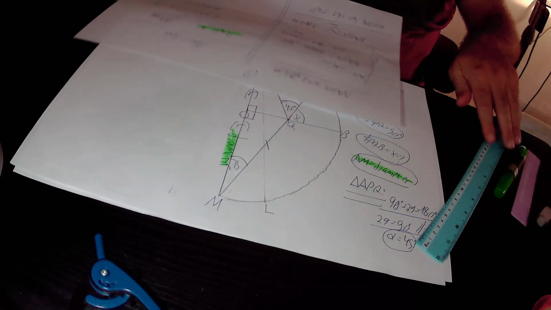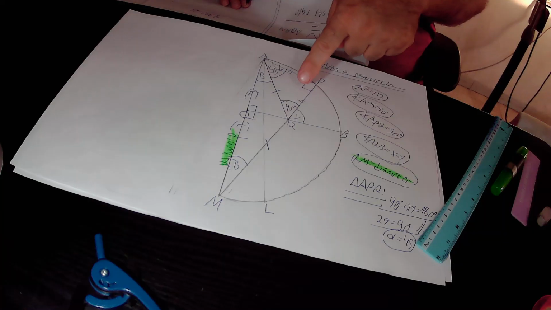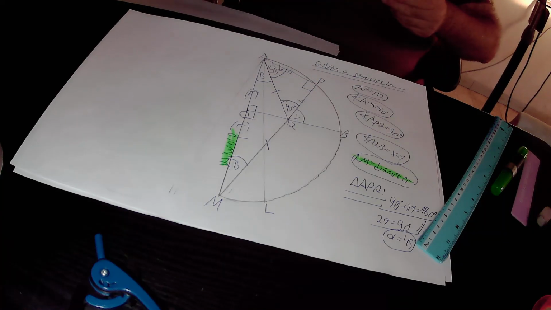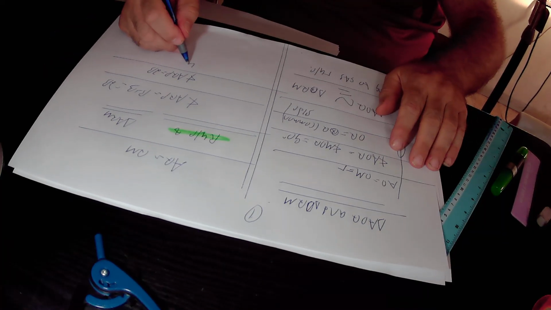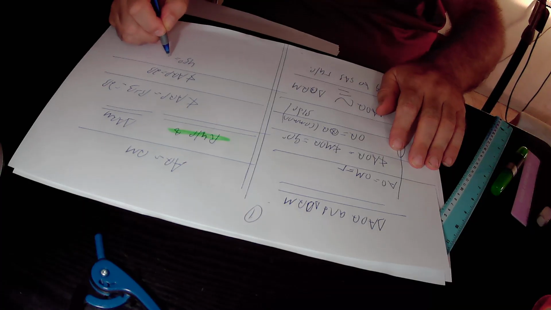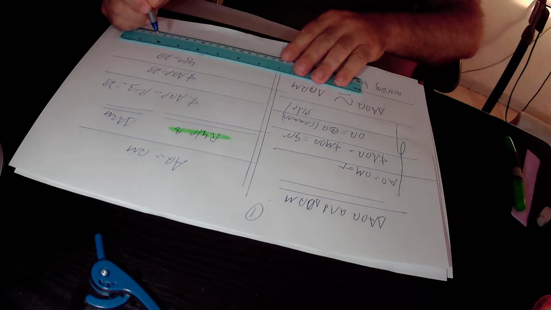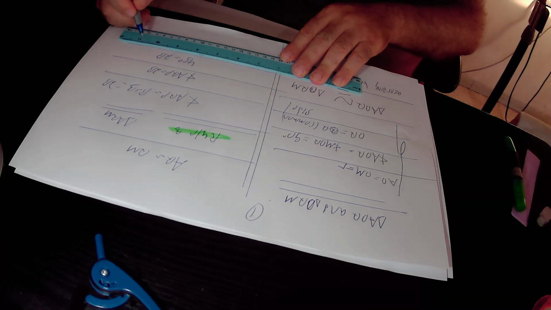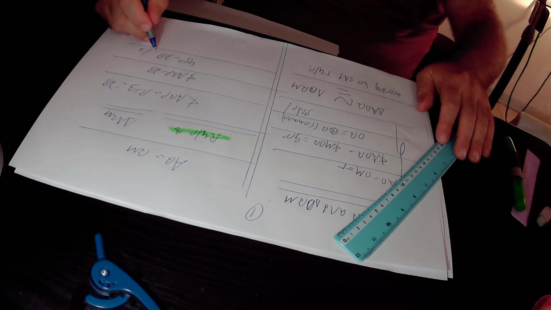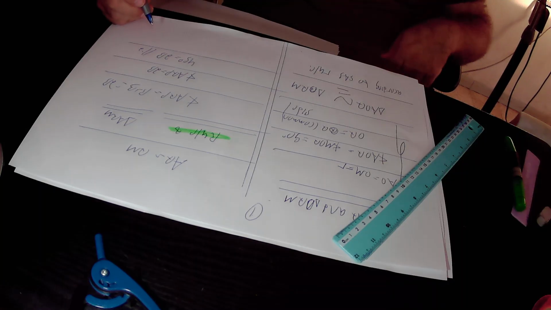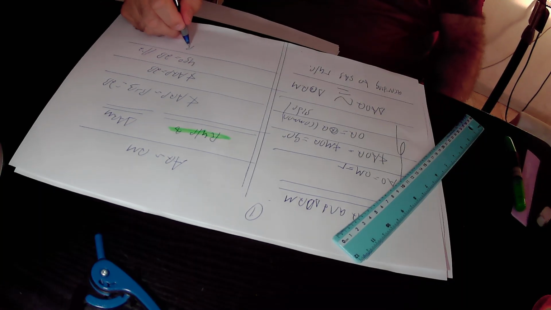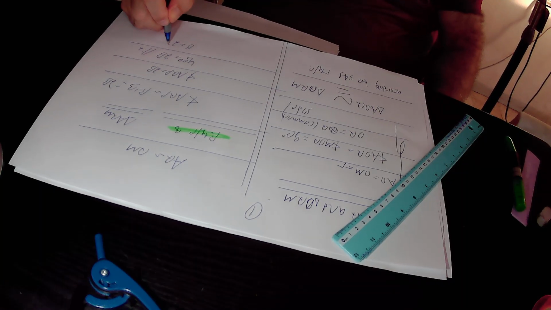But we have already found out that the size of the external angle AQP is 45 degrees. So we can substitute angle AQP by 45 degrees and get that 45 degrees equals 2 beta. Here we will divide this equation by 2, and finally we get that the missing angle beta is equal to 45 degrees over 2, which is 22.5 degrees.